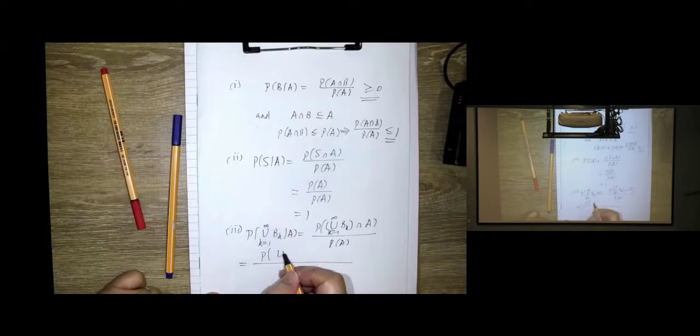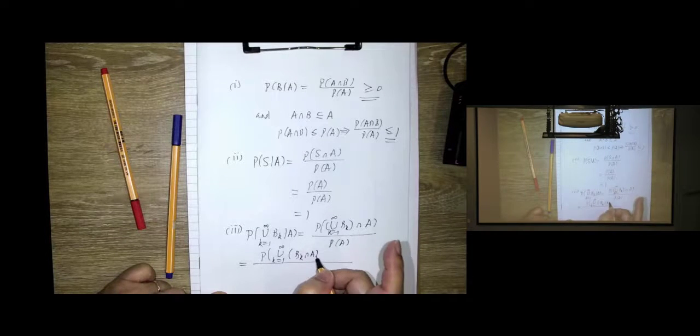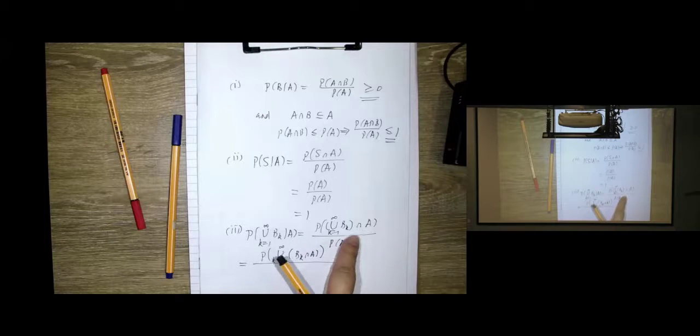This might be De Morgan's law or the distributive property. You take the intersection one at a time and then union back. This is coming from the set equality.